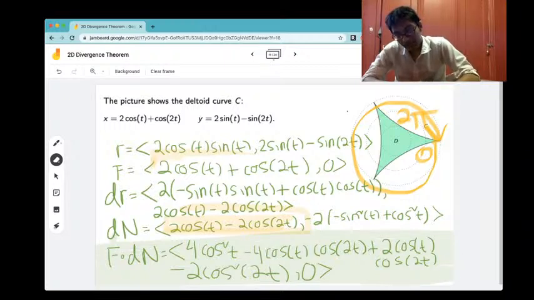So I'll have the integral. Sorry, definitely cannot use that big marker. The integral from 0 to 2 pi of what?